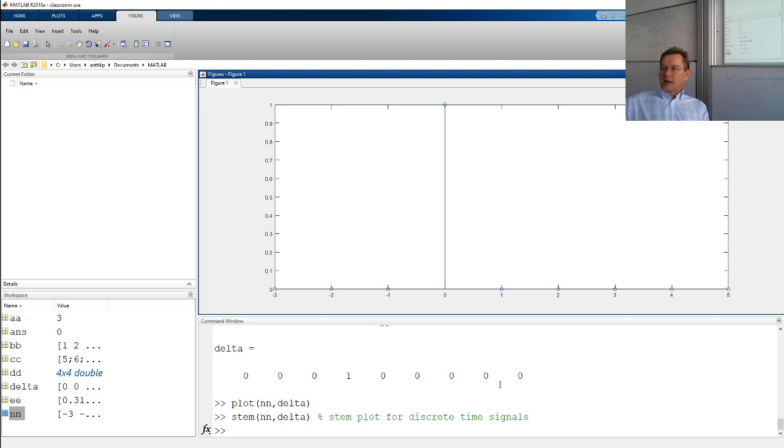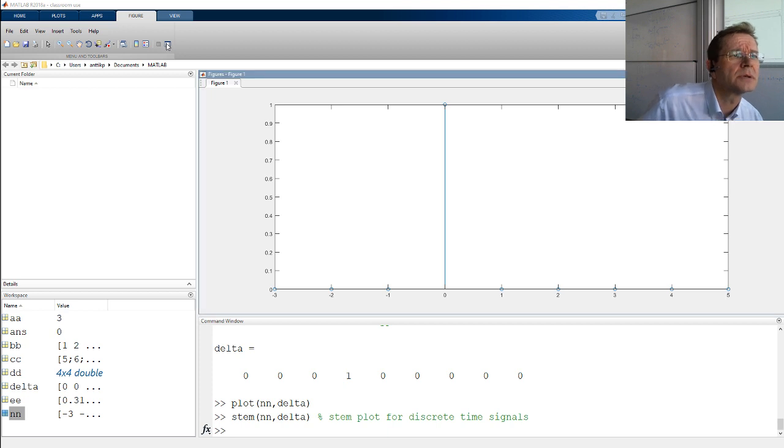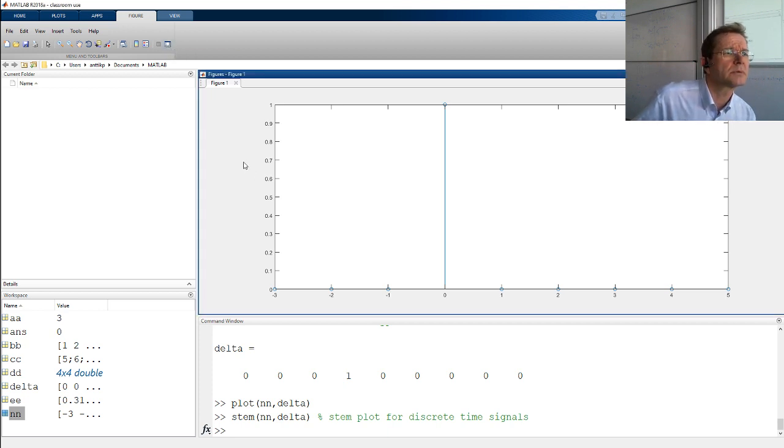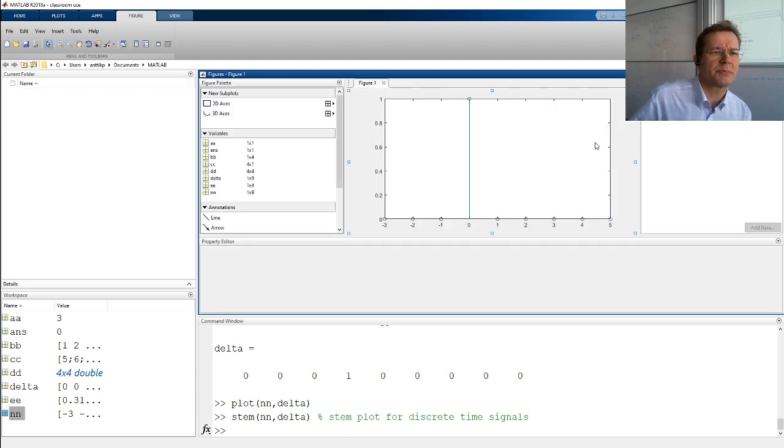So basically, I would like to clear this a little bit so that you can see the data better. And one way is to go here on show plot tools and dock figure. Plot tools.